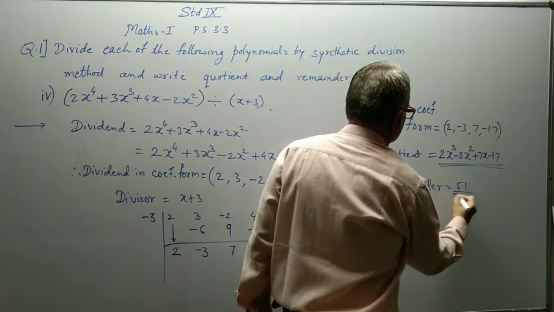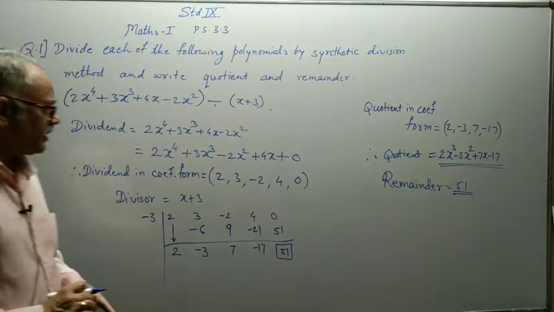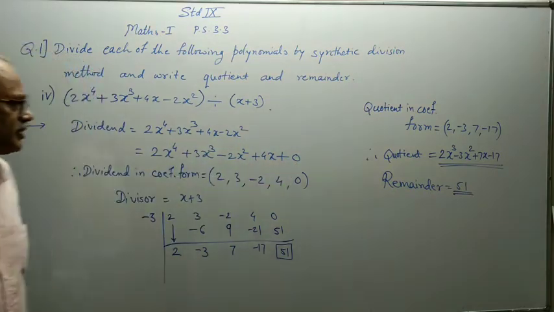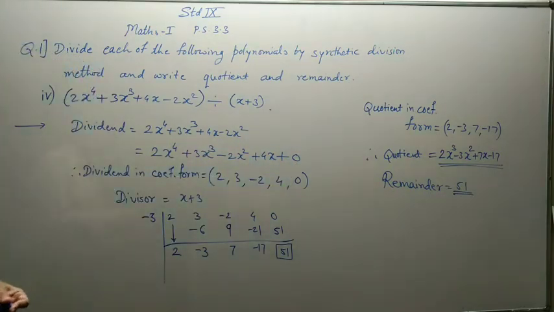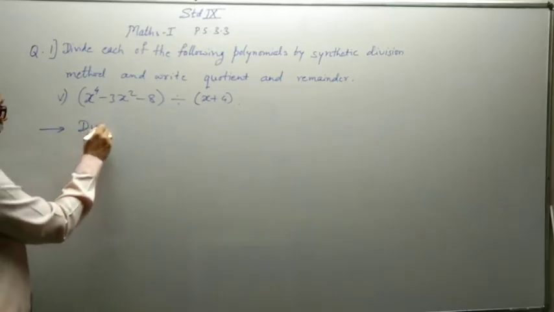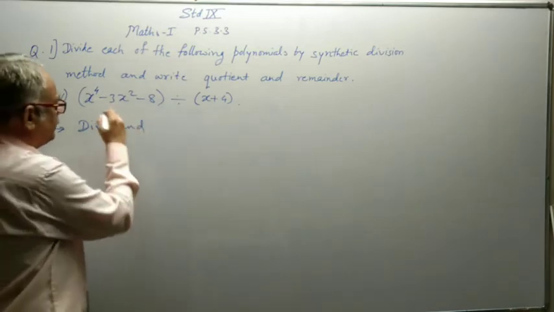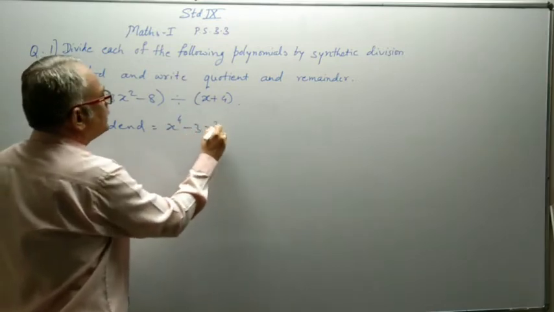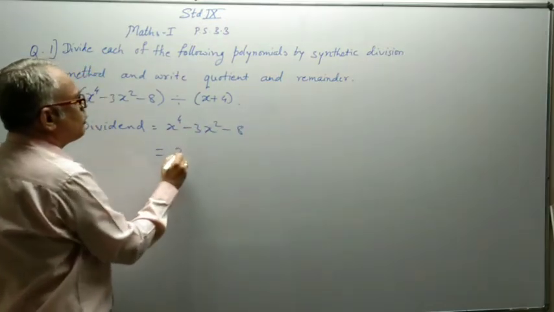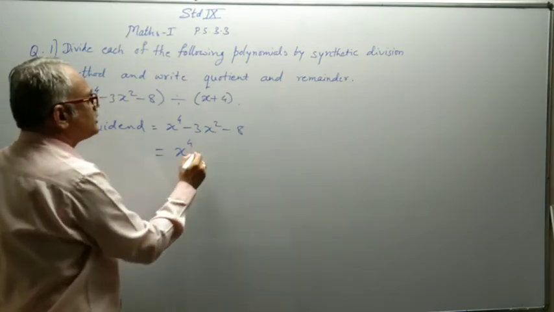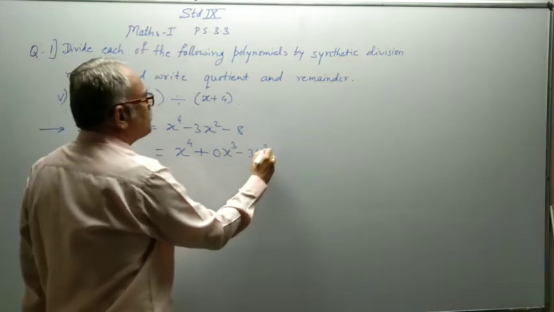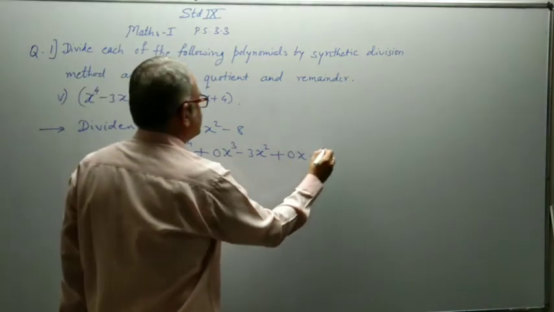So observe neatly. Whenever the constant term is not there, it must be written with 0 and then write the coefficients. Next, the dividend to be divided is x raised to 4 minus 3x square minus 8. To write it in coefficient form, we want all the terms along with the constant term, so for the missing terms we write 0x cube minus 3x square plus 0x then minus 8.